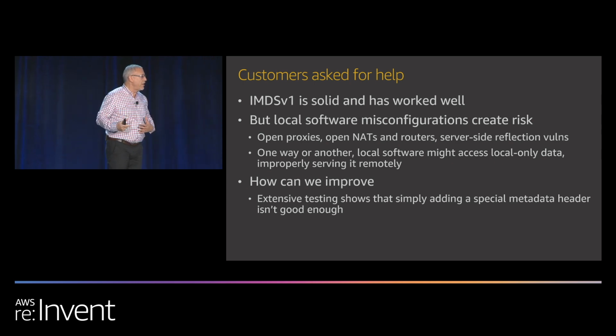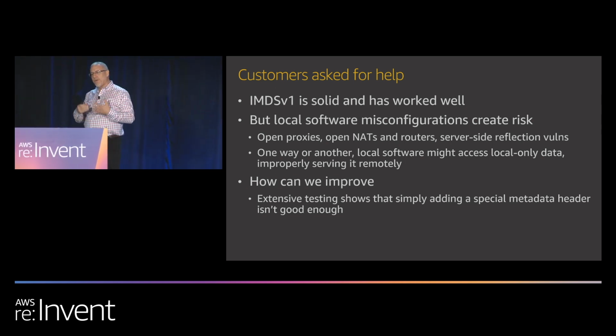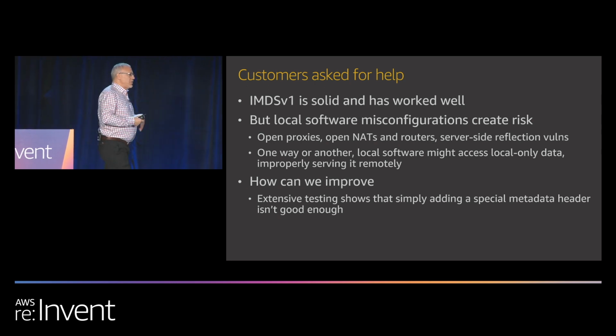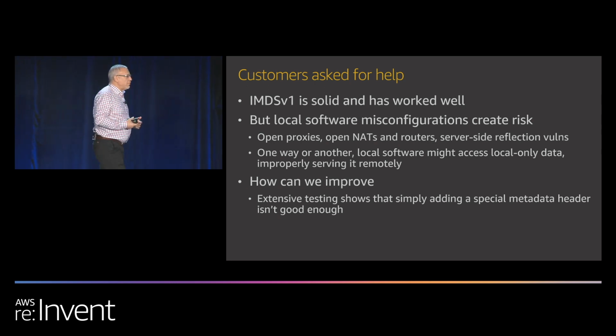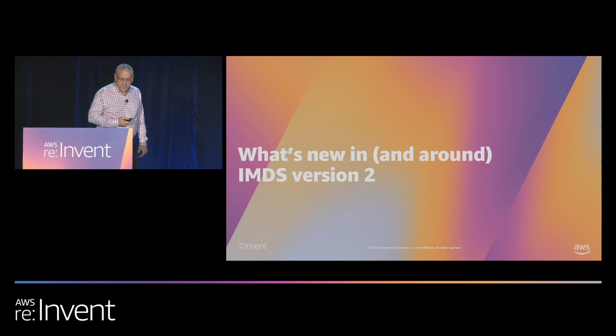They'll send them along, down the line. So a clever, slightly sophisticated attacker who finds an open proxy will just send the header along with the request, and it'll happily send back the data that it shouldn't send back. So we want to protect against some of these as well.